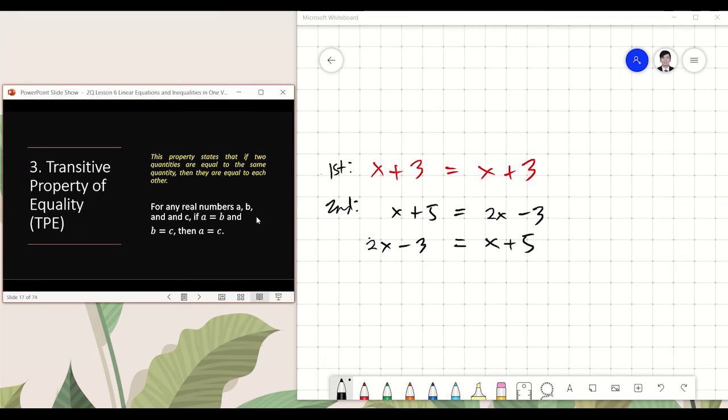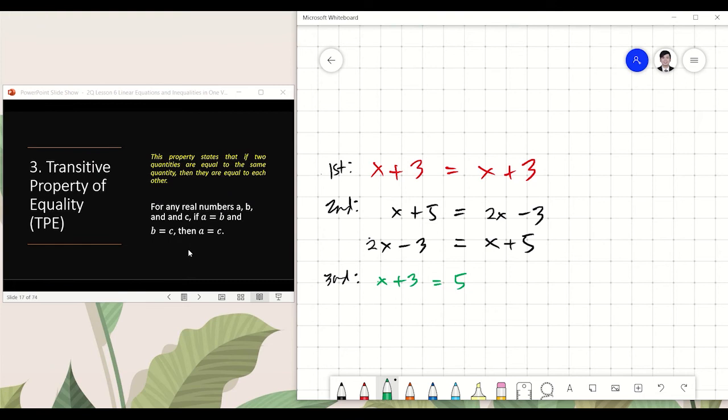So, for any real numbers A, B, and C, if A is equal to B and B is equal to C, then we can conclude that A is equal to C. So, parang isipin nyo na lang, kapag yung A natin, for example, is x plus 3, and it's equal to 5.